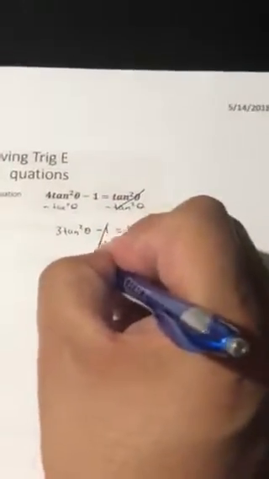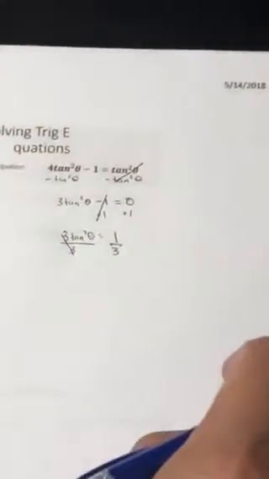I'm going to move this, so plus 1, 3 tangent squared equals 1. And I want this by itself, so divide by 3, divide by 3. So tangent squared theta equals 1 over 3.